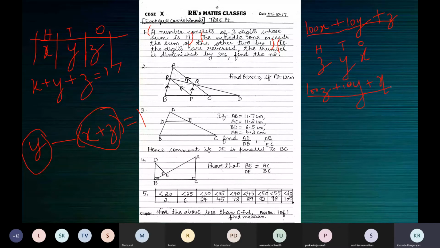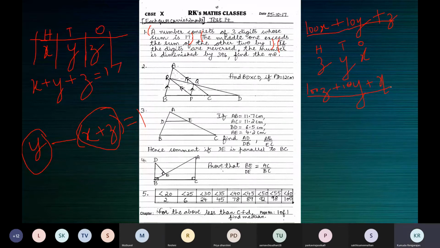Like if it is 54, if you make it 45, the number is diminished by 9. If the number is 54 and you write it as 45, you interchange the digits. So when 54 becomes 45, it reduces by 9.